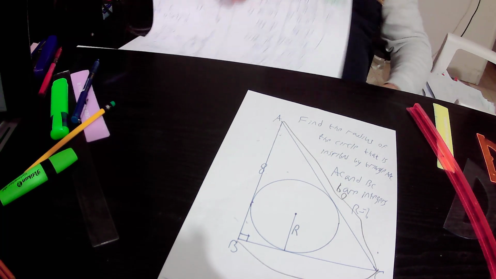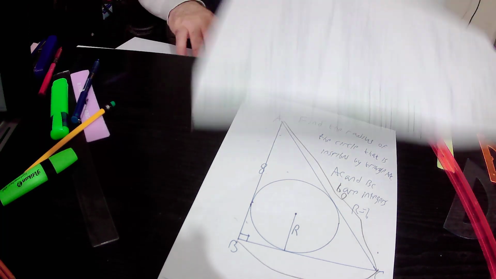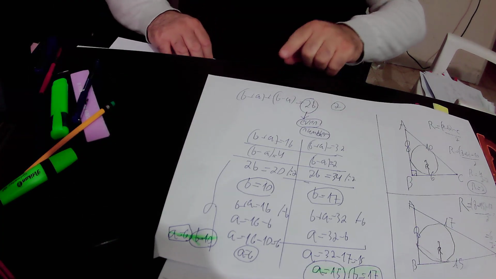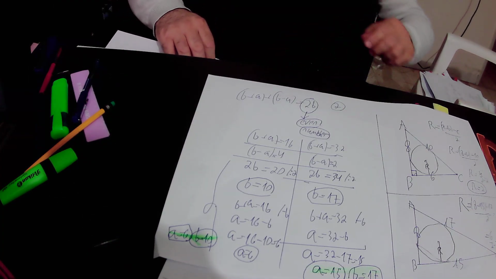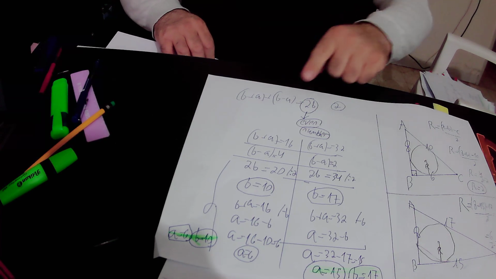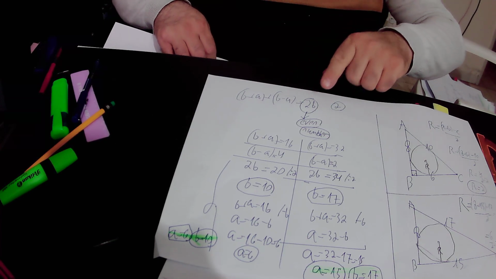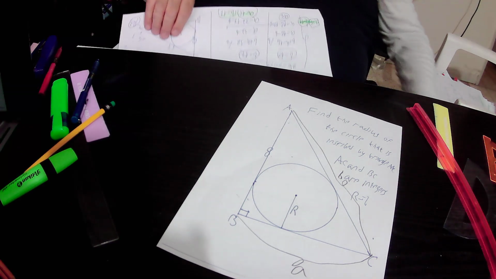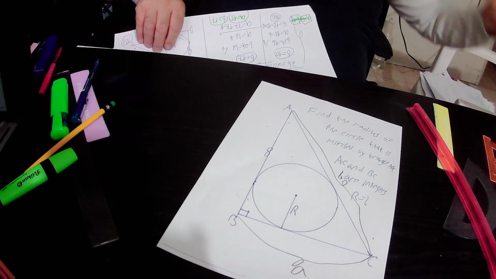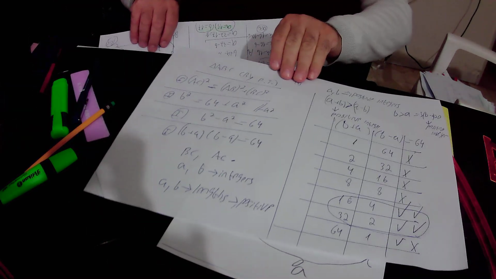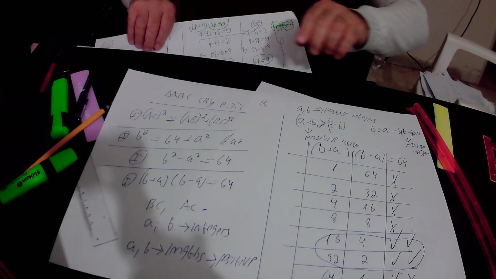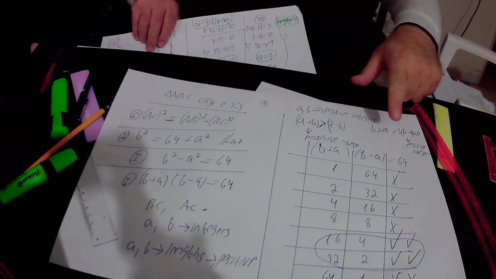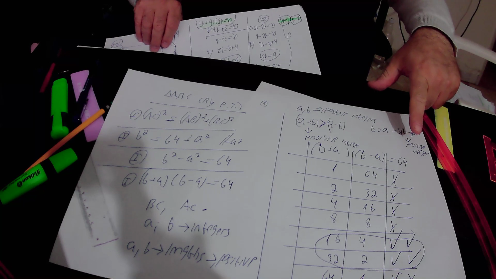So according to equation number 1, (B plus A) times (B minus A) equals 64.